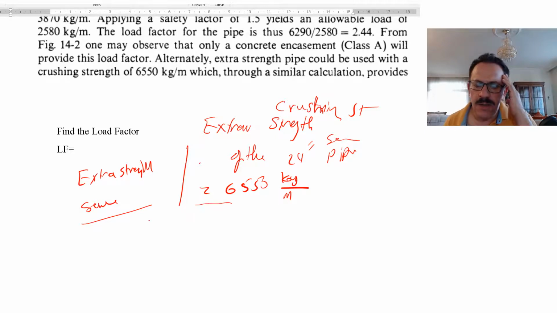Now if I am using a factor of safety of, for example, 1.5, then I will use this one.